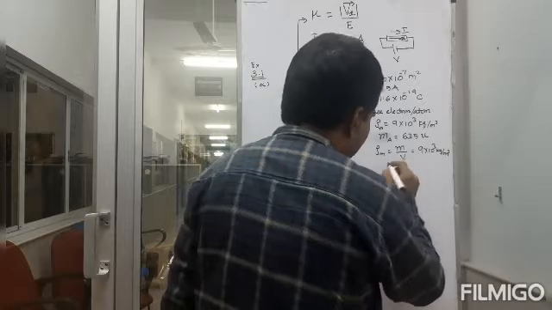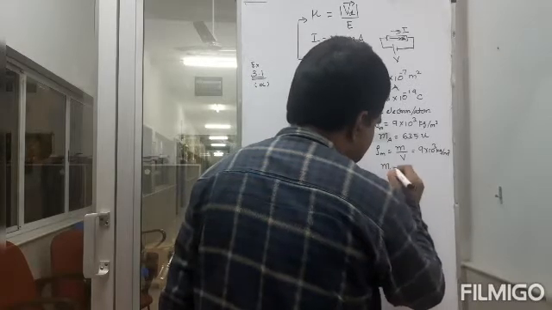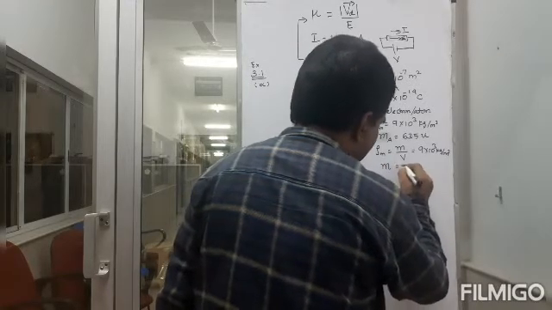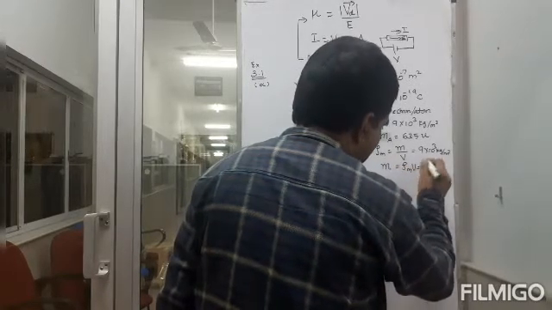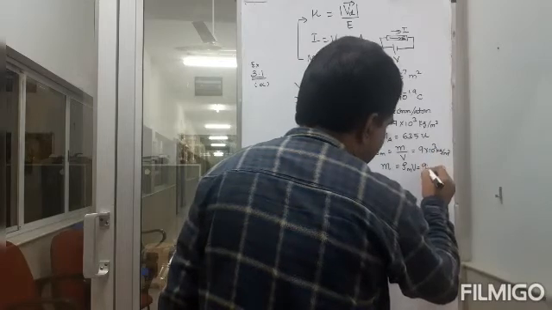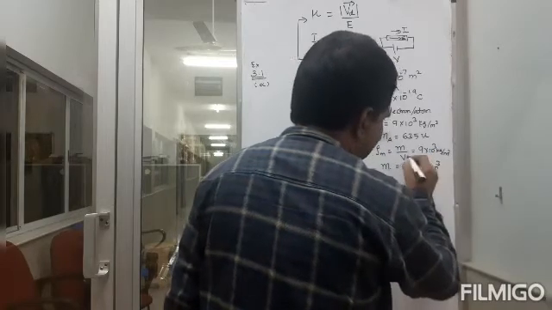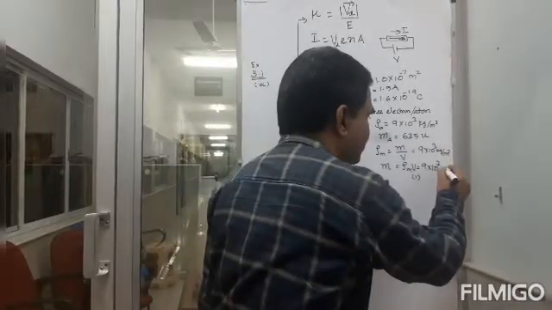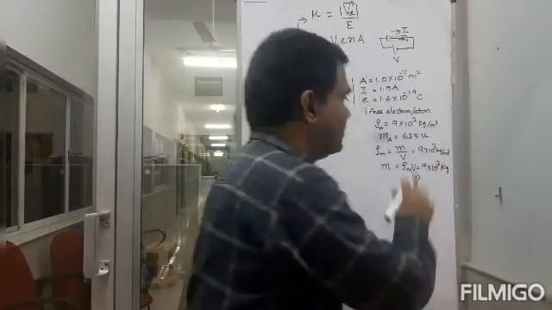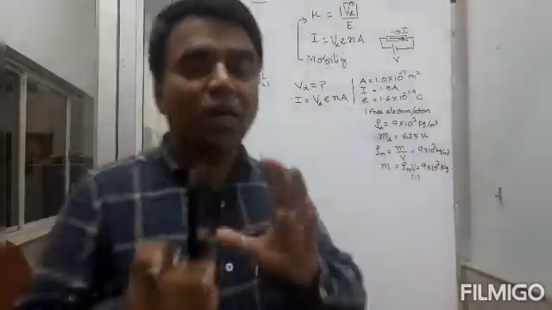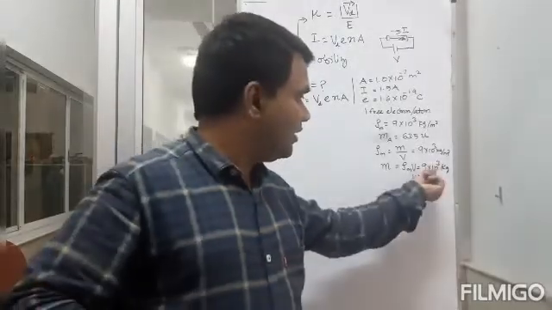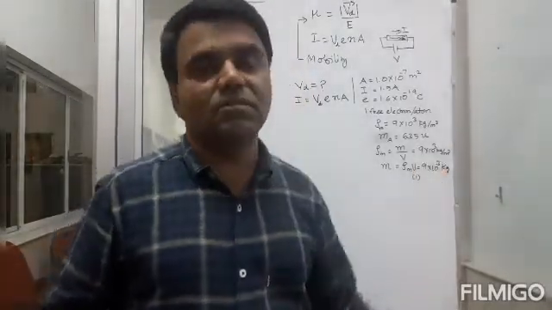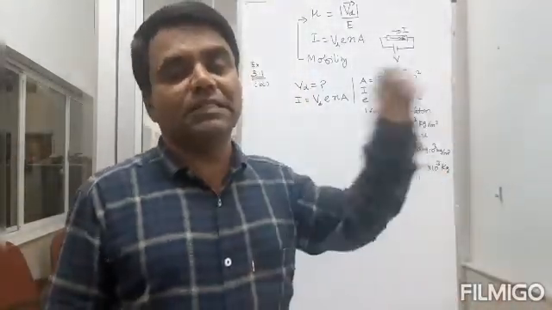So for unit volume, the mass of copper is equal to rho m into V, where V is equal to 1, so 9 into 10 power 3 kilograms. Okay. So if I take 1 meter cube of copper, that's going to weigh 9 tons. That's as simple as that.